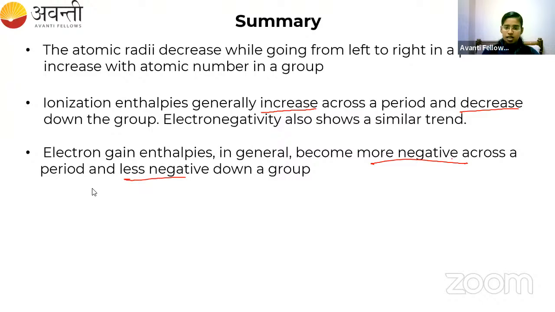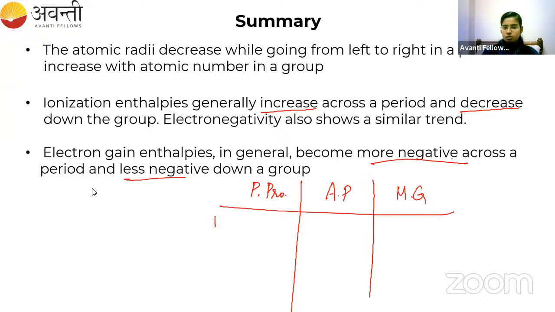Okay, so actually, let me go for the physical property, across the period and on moving down the group. So the first physical property is atomic size or atomic radius. It decreases across the period and increases on moving down the group.